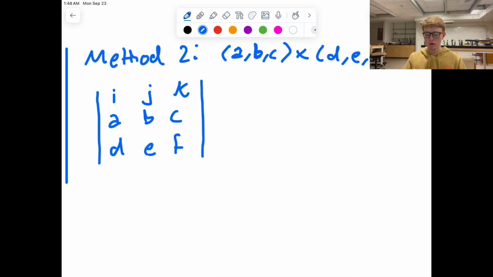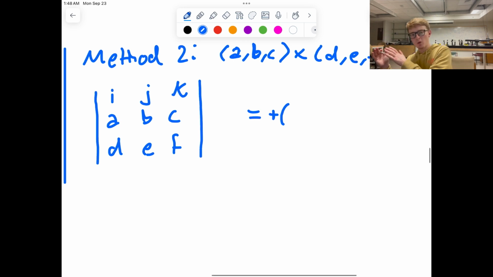With this method, we're going to start out positive. So our first component, we're going to write this in parentheses, will be positive. That'll be our I component. Then our J hat component will be negative and our K hat component will flip and be positive again. So we're kind of alternating, okay? Now, we're computing the I component, the X component.